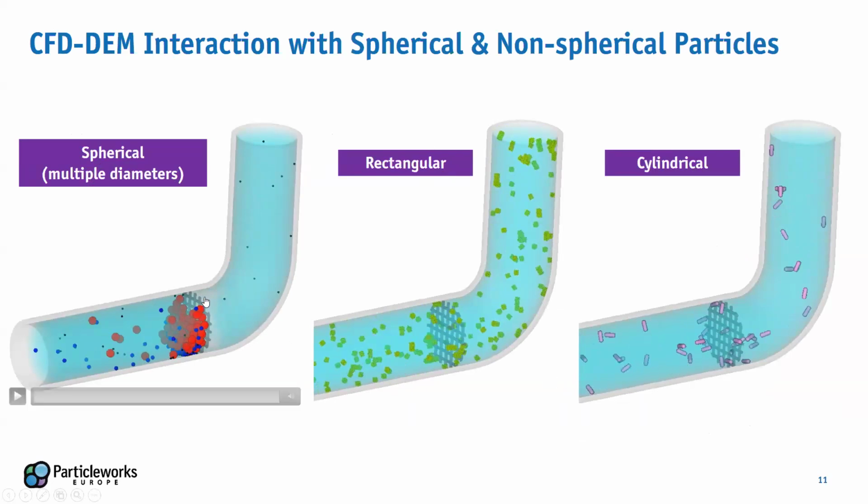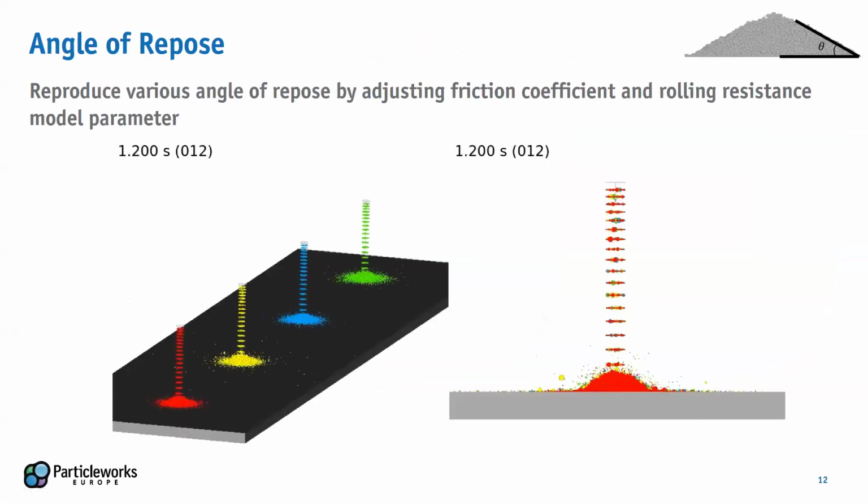We have here a glimpse of one of the couplings that is possible between Granuleworks and other solvers. In this case, it's Particleworks, the other solver, because the fluid phase is modeled with that solver. We will discuss it in a few slides.